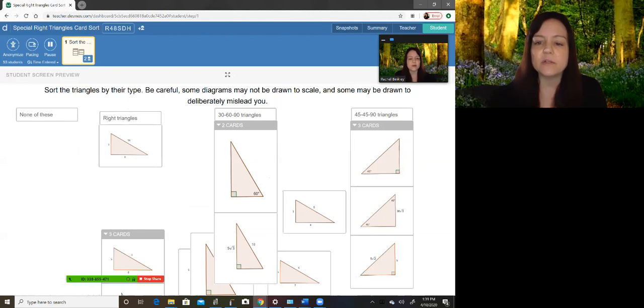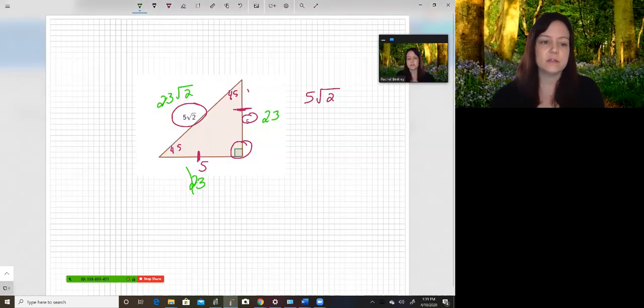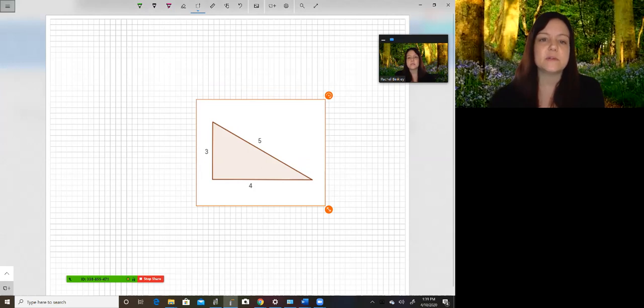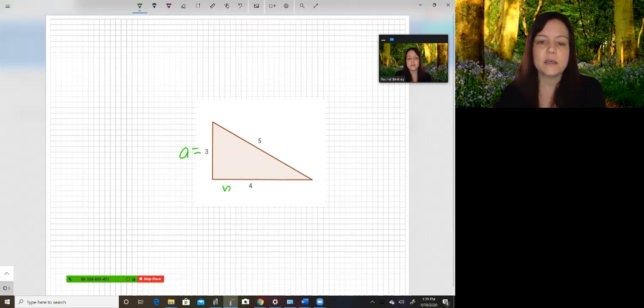Let's see, what else do we have? Oh, let's check this one, because there are no angles here. So we're going to check it using the Pythagorean theorem. The question is, if A is 3 and B is 4, then C is 5. That would make this our right angle, because the hypotenuse always has to be the longest side.